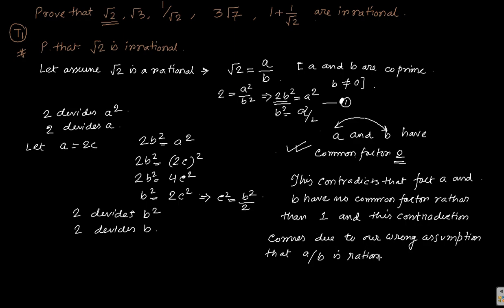It means that our assumption that a by b is rational is wrong. So a by b, that is equal to root 2, is irrational.